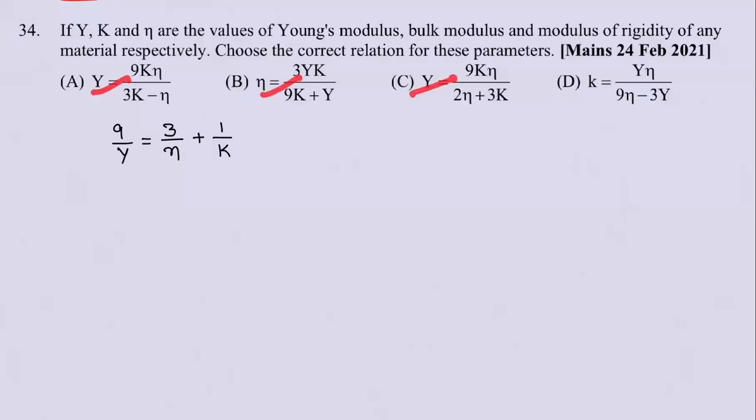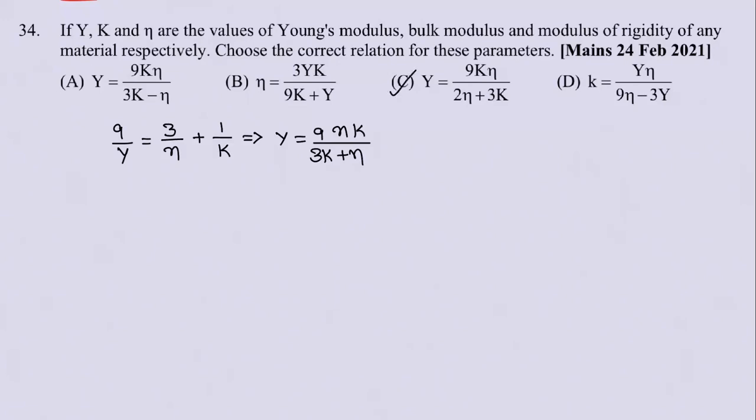They give y, eta, and we keep our fingers crossed and try for the first one. Y is equal to 9 into, I take y here and I take LCM, eta k by 3k plus eta. Bad luck, it is minus here. We have plus.